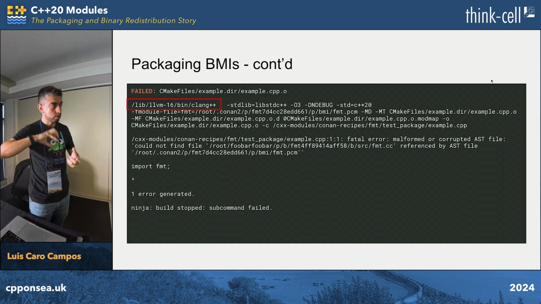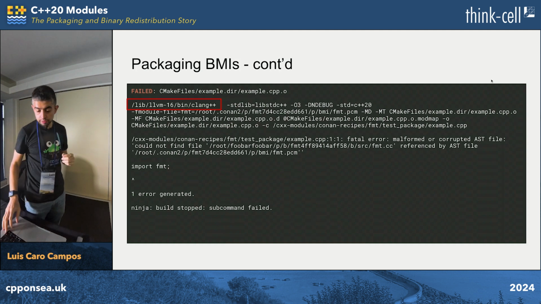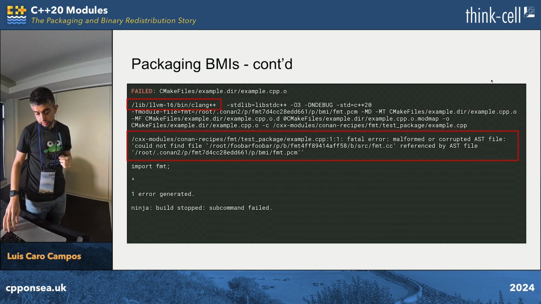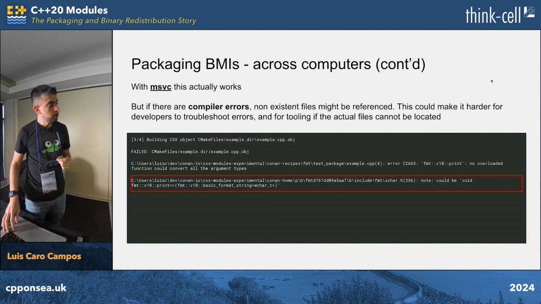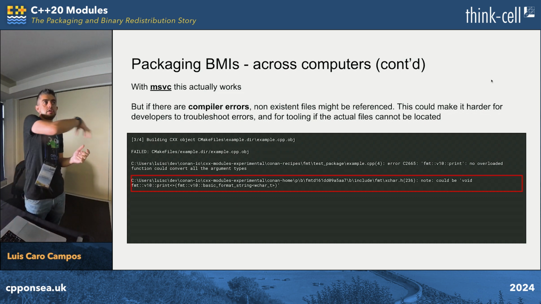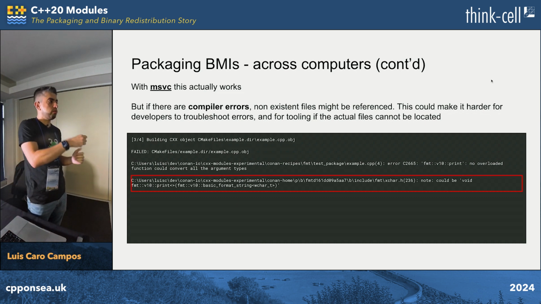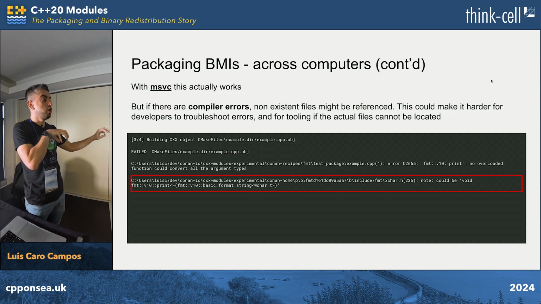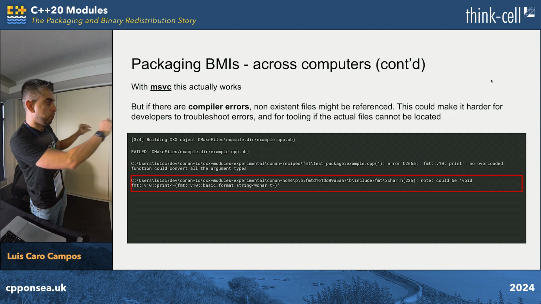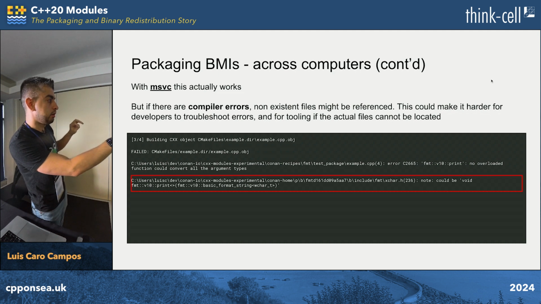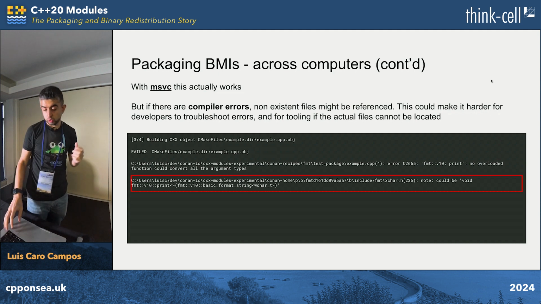So for error reporting purposes, I think that's also important. This was not a problem with MSVC. MSVC did not require the file to exist. However, if I forced an error situation where the file was not on my computer, it will report an error in a file that is just not there on my machine anymore.